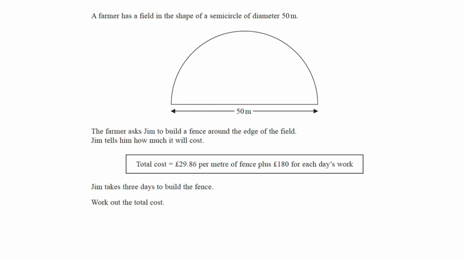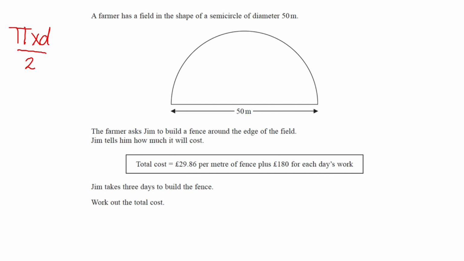So when we think about circumference of a circle, if it was a full circle, we would do either pi times diameter or 2 times pi times radius. They both mean the same thing. Now, because I've only got half of the circumference, I've only got half a circle, I'm then going to be dividing it by 2.